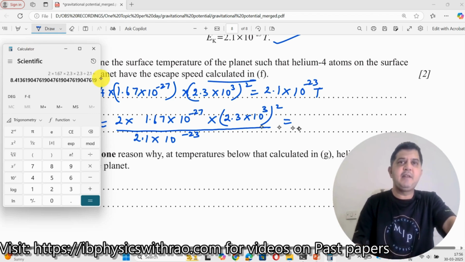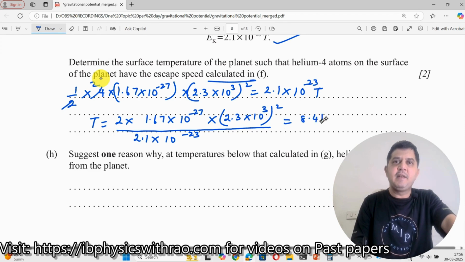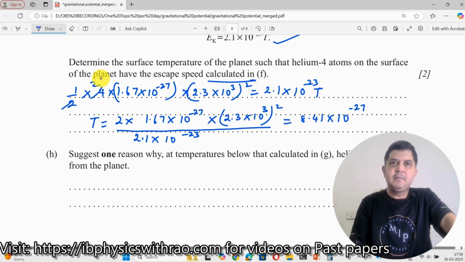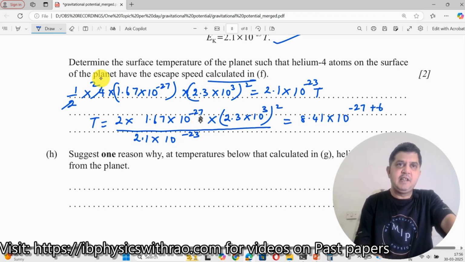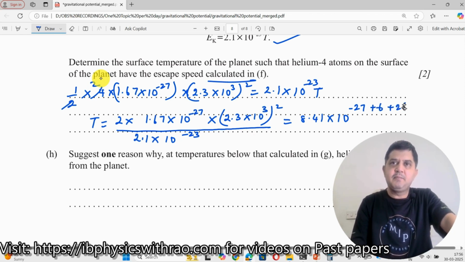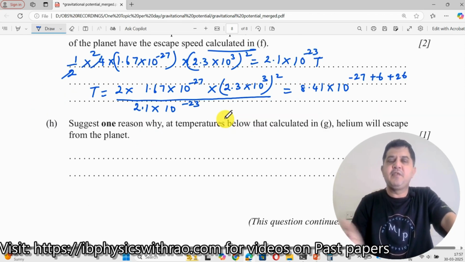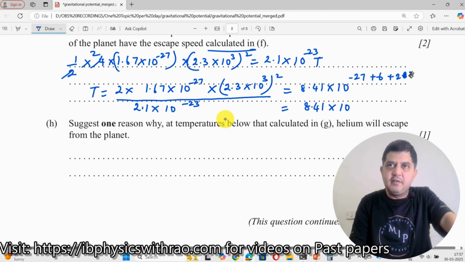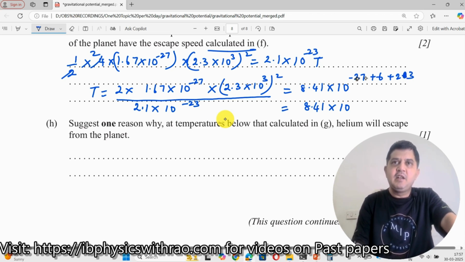I get this is 8.41. 8.41 multiplied by 10 to the power of, I have minus 27 here, then 3 squared will be plus 6, minus 23 comes upwards, becomes plus 23. I am sorry, this is 23 here, 23 plus 6 is 29, 29 minus 27 is 2, so it should be 841 for the unit.